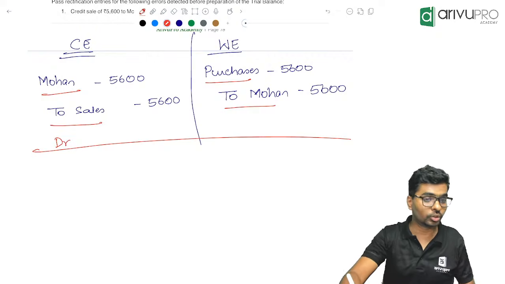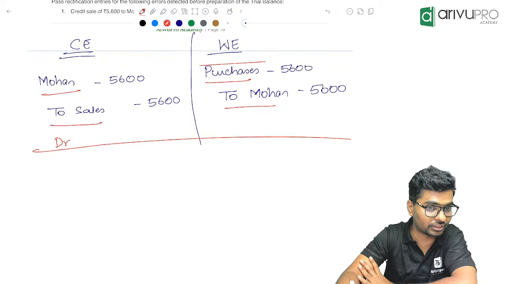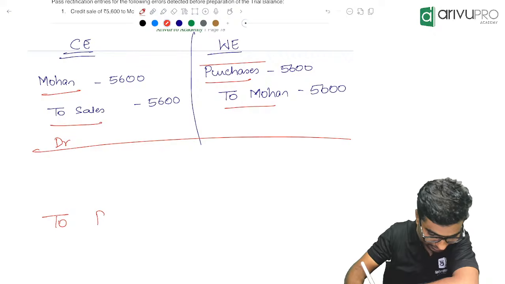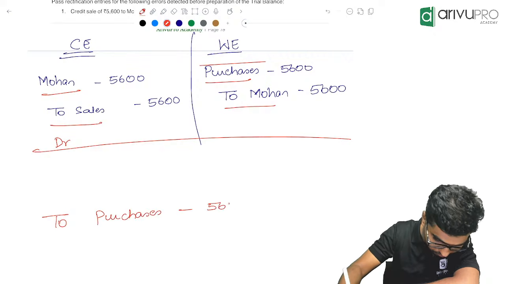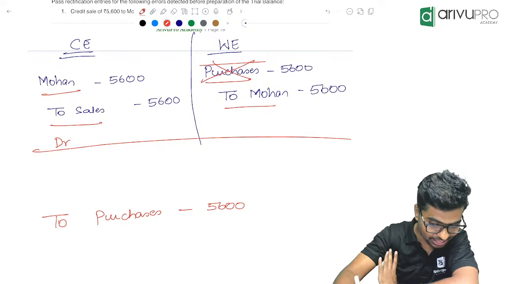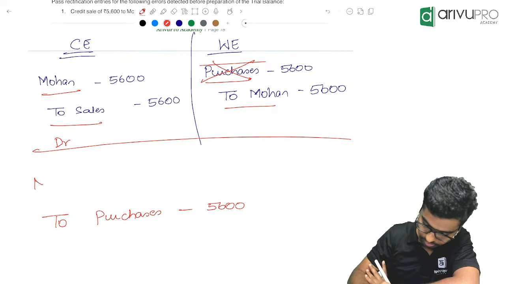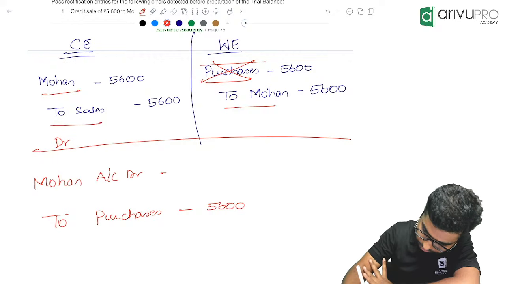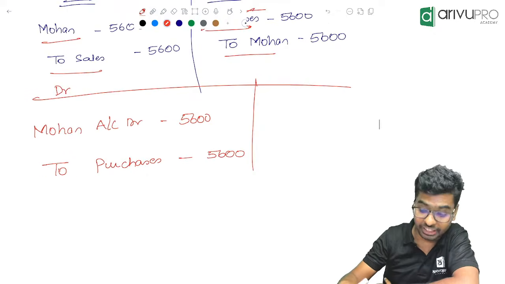So whoever is wrongly debited, I will cancel by crediting it. Can I say this account is gone? Now, who should replace him?